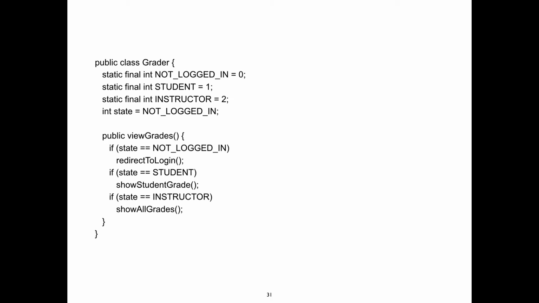If you're an instructor, you can show all the grades, right? And then all the operations start to look like this huge case statement, right? So this is one way of solving the problem of having different operations which are valid in different states.